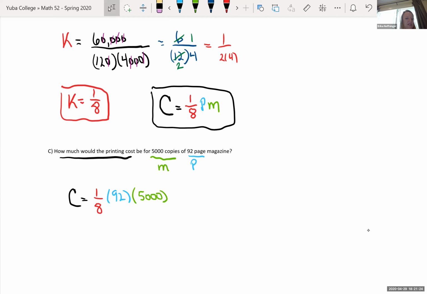So I can start reducing, or 92 times 5,000, all divided by 8. So the cost for producing that many magazines of 92 pages is going to be $57,500.